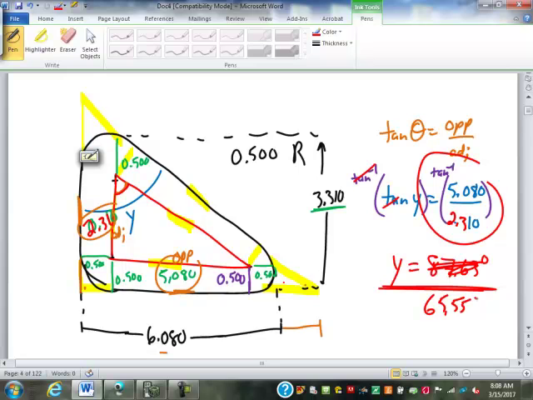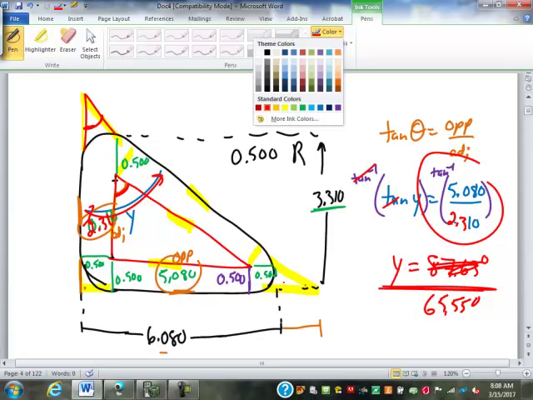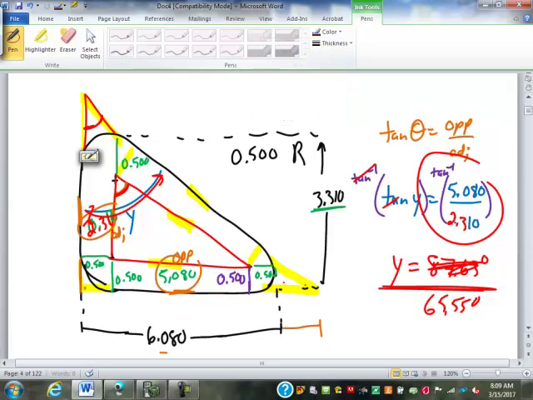That's not the same angle as that big angle. This angle here will be the same as the angle up here, which is the same as this angle. You can look at it this way.